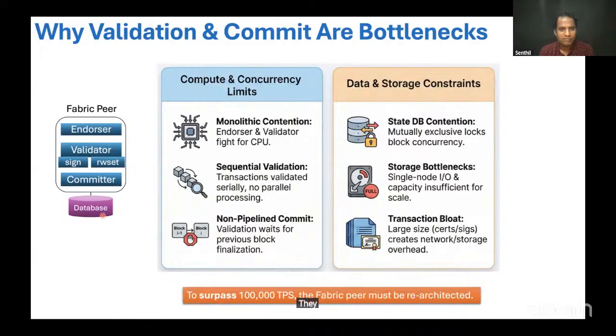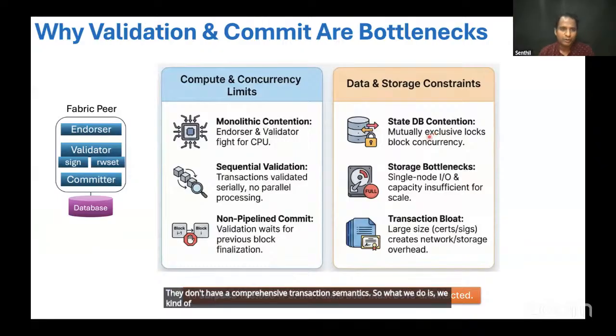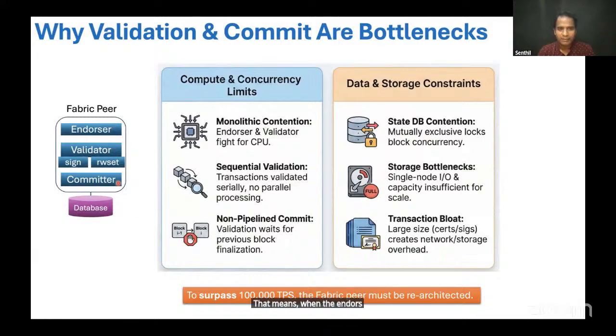They don't have comprehensive transaction semantics. So what we do is acquire an exclusive lock on the whole database. That means when the endorser is reading, the committer cannot access the database, and when the committer is writing data, the endorser cannot access the database. That's a very naive approach, and it cannot help in scaling the performance for sure.